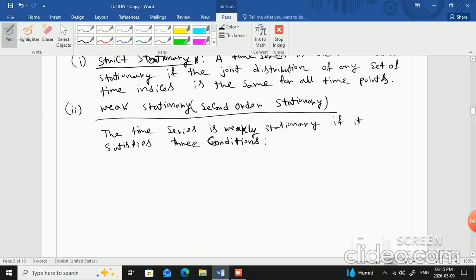The time series is weakly stationary if it satisfies three conditions. The three conditions are constant mean, constant variance, and constant autocorrelation.